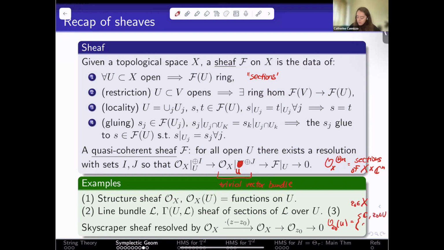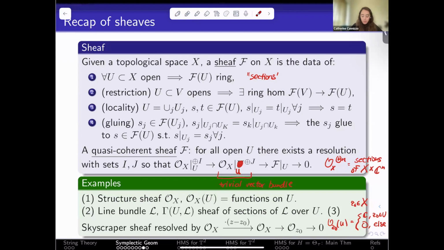If it doesn't contain z_0, you just get 0. I think it's called a skyscraper because there is a very large amount of information, like a skyscraper, happening at the point z_0. Everywhere else, any open set not containing z_0 gives 0, and for open sets containing z_0, you get a copy of C.